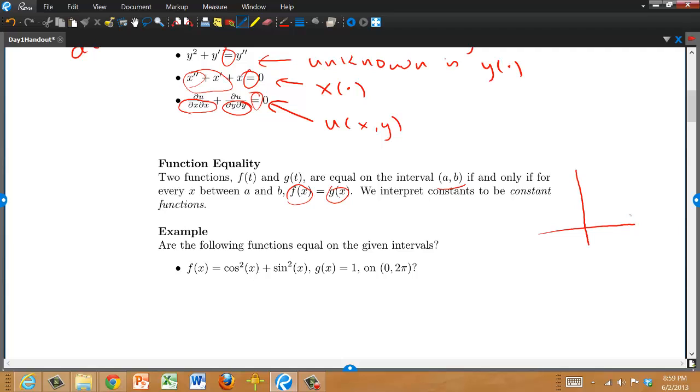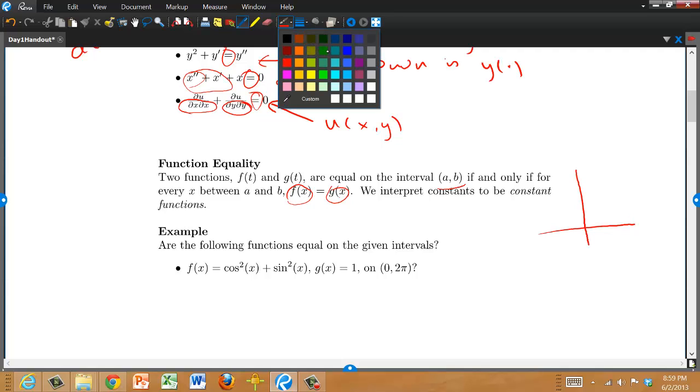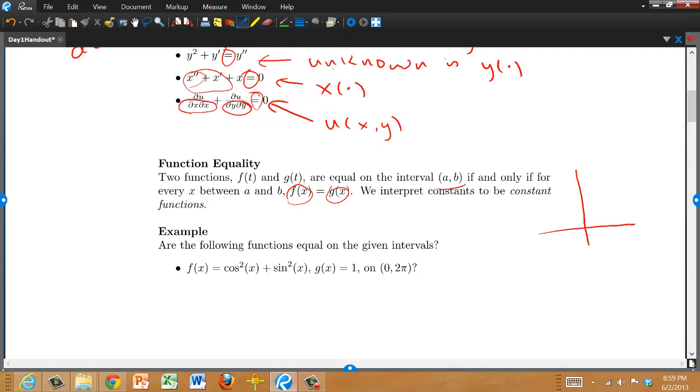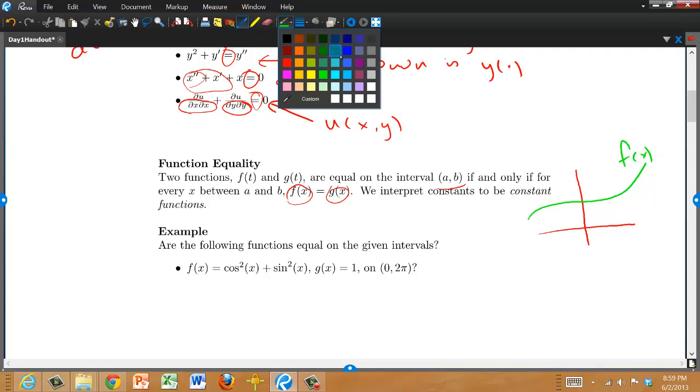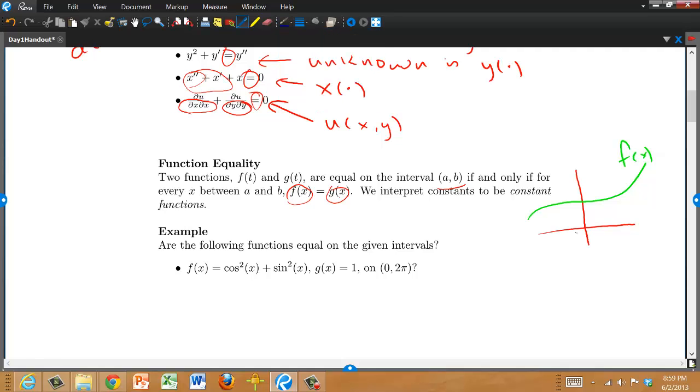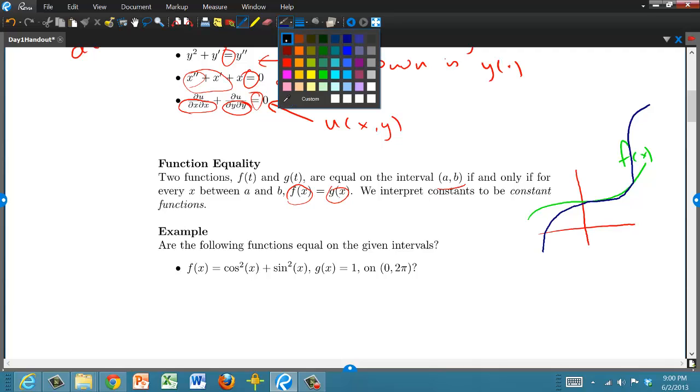That means what? If we were to plot f over here, and it looked like that, and we were to plot g, and it looked maybe like this, okay? Maybe they're different for a while, and then on some interval they're the same, and then they're different for a while, okay? Function equality depends on the interval where I'm asking about the equality.